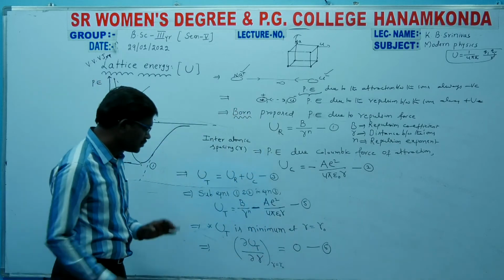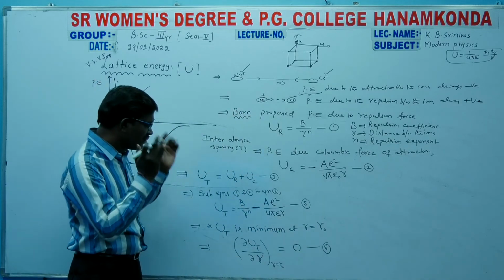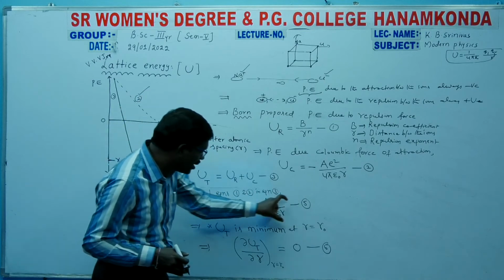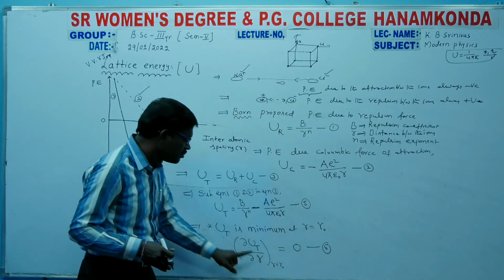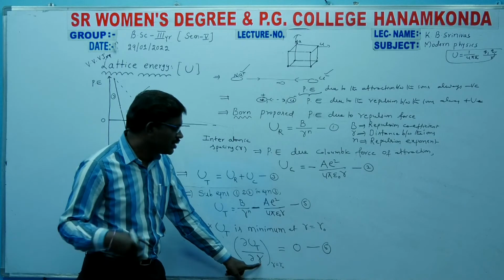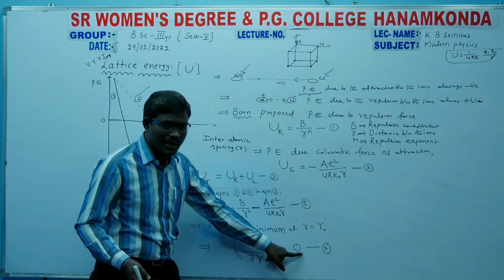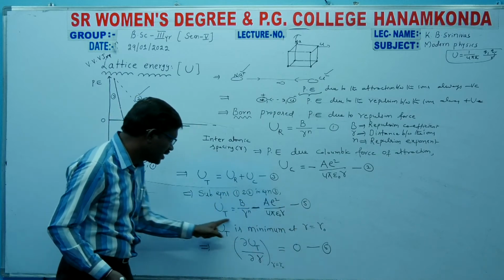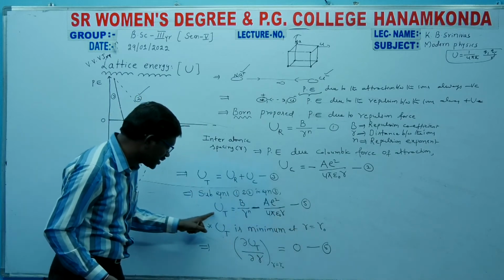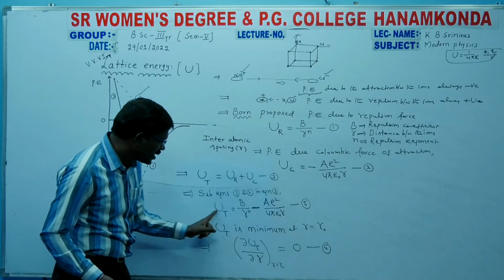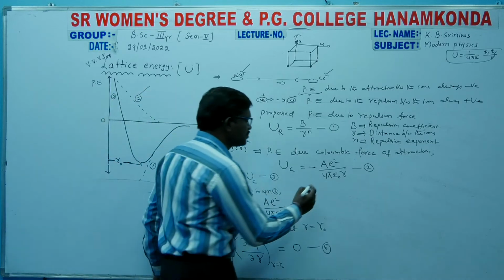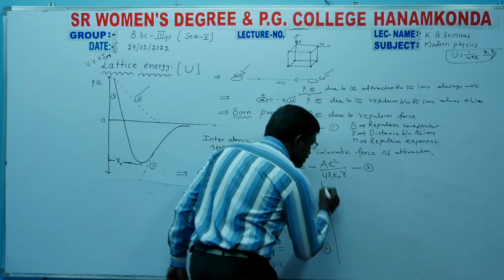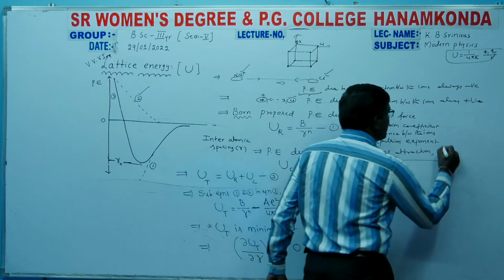Is that clear? Right. Next, my aim is to differentiate this equation 5 with respect to small r, and it is equated to 0. Clear? Just see equation 5 carefully. Differentiate equation 5 with respect to r so that you can calculate the LHS value individually. That I am doing here. See, very important derivation.